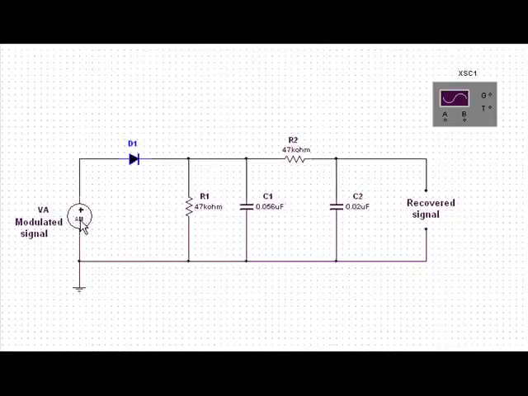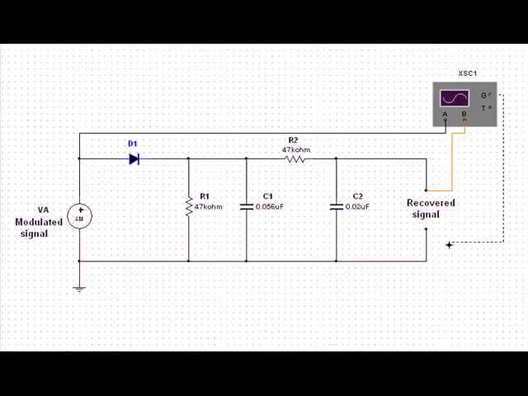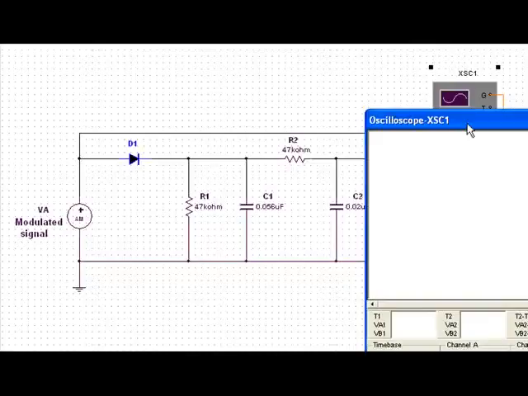In the previous screen, we discussed the basic blocks of how an AM transmitter and receiver work. So what we want to do is connect channel A to look at the originating signal, and then channel B to look at the recovered signal. And we're going to connect a ground in here, and this will serve as a ground for A and B. So let's turn this circuit on, look at the output, and then we will talk about it.